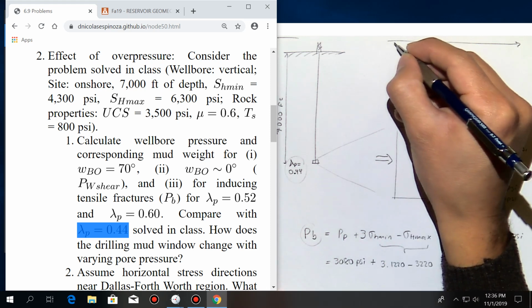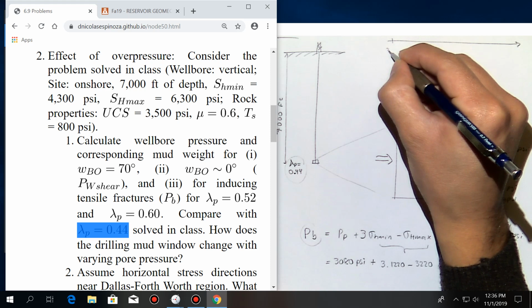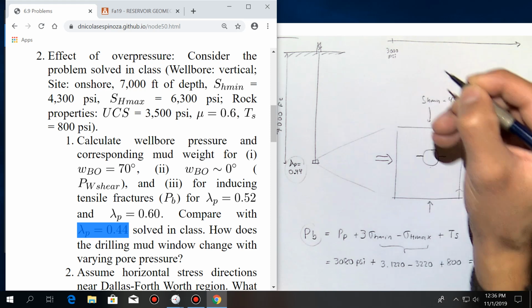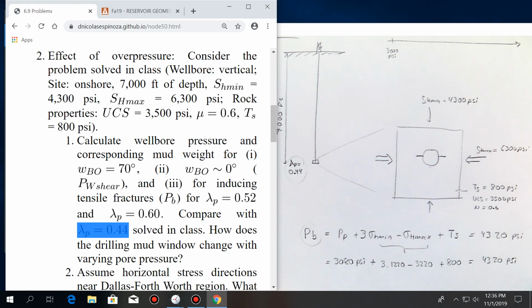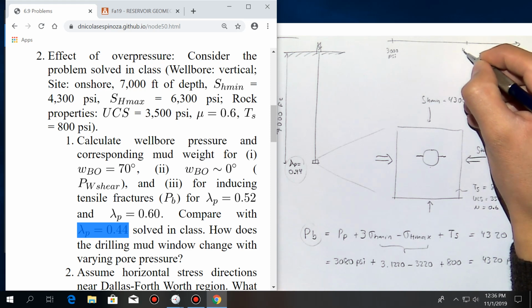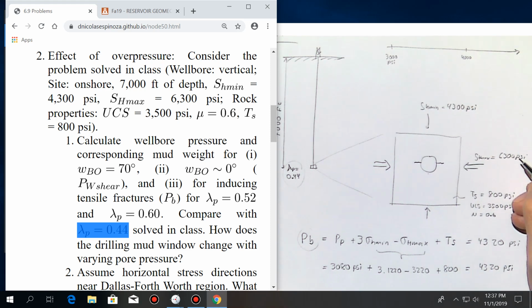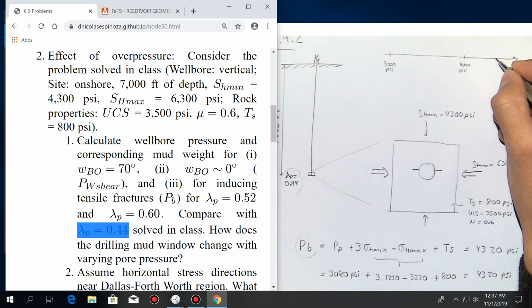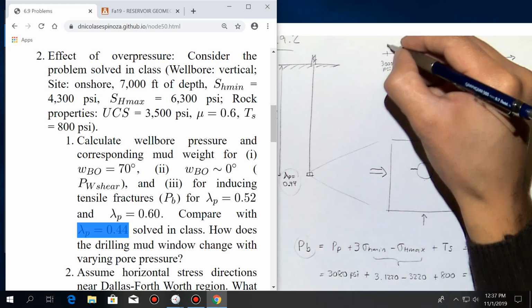Okay, so let's say this is 3000 psi, and let's say this is 4000, and here we have 4500 somewhere over there. Okay, the pore pressure is somewhere over here.